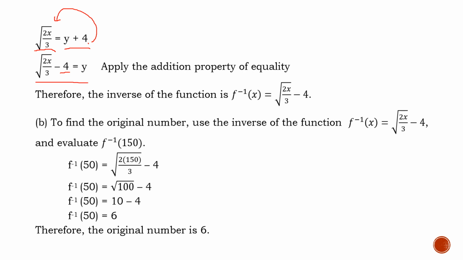So the inverse function of the original function is f inverse of x equal to the square root of 2x over 3 minus 4.